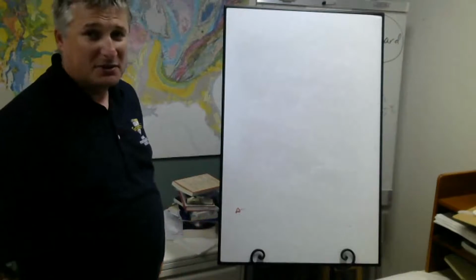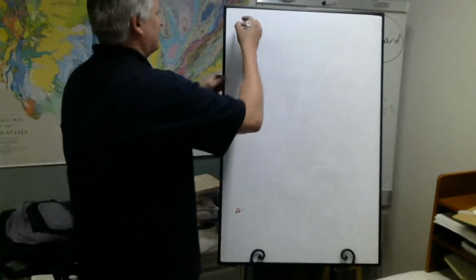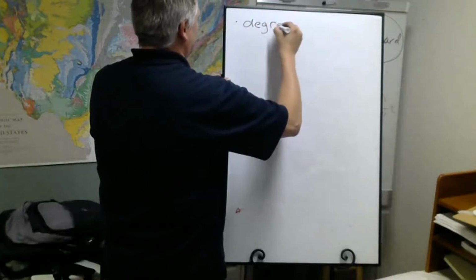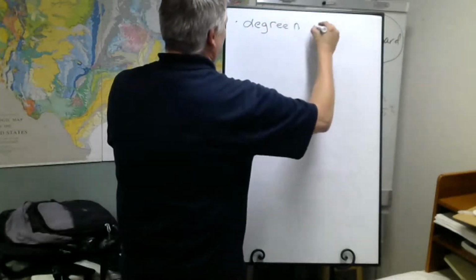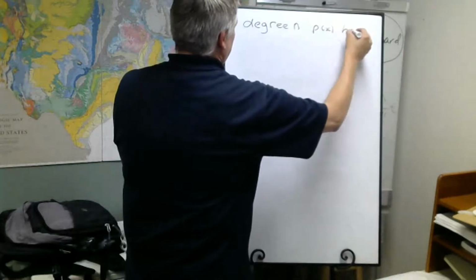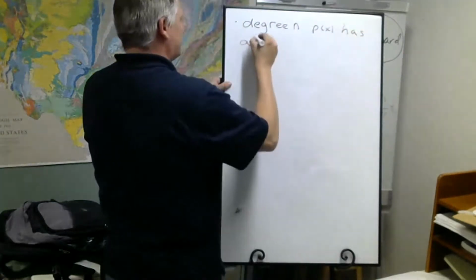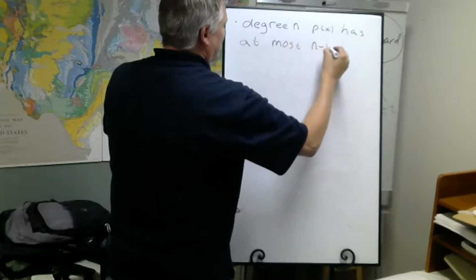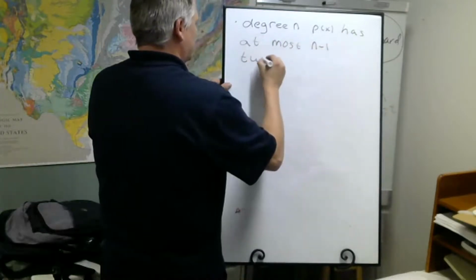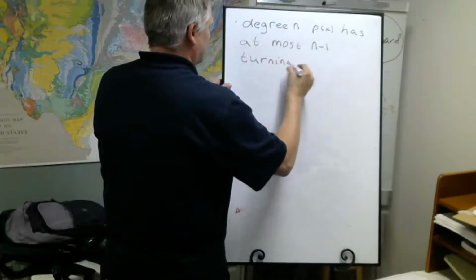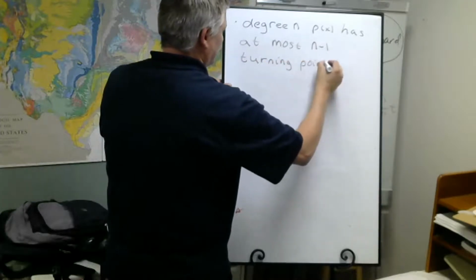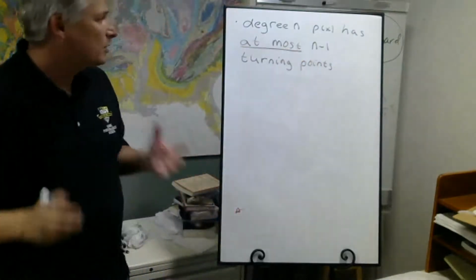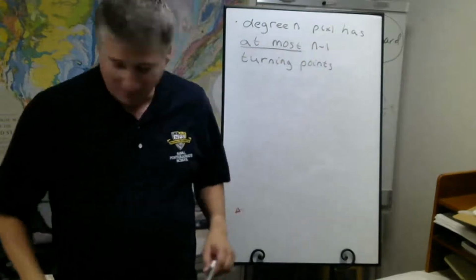If your polynomial has degree n, it has at most, we'll talk about what these exactly are, n minus 1 turning points. Has at most n minus 1 turning points.